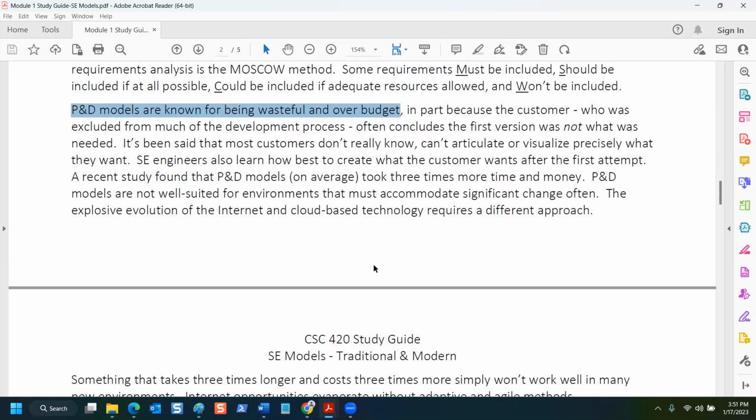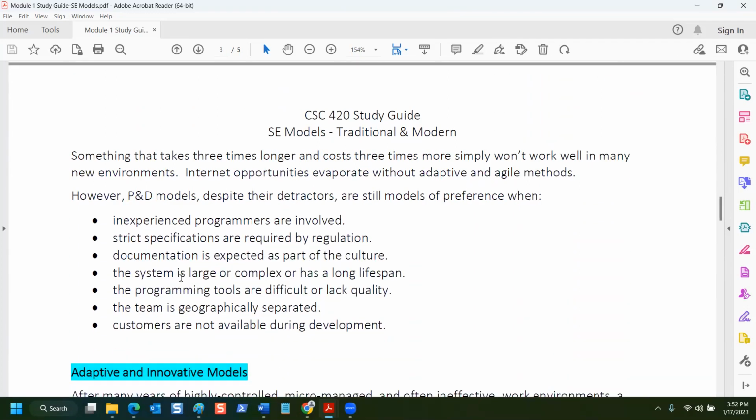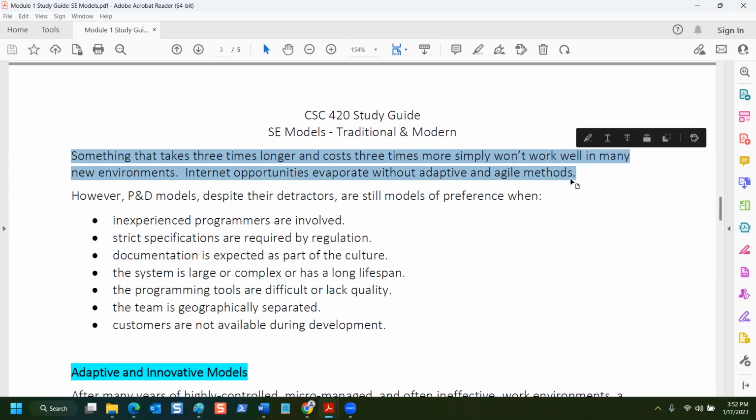That was one of the things that set the stage for the advent of our agile and adaptive models. Now, this is really important. Something that takes 3 times longer and costs 3 times more simply won't work well in many new environments. Internet opportunities evaporate without adaptive and agile methods.